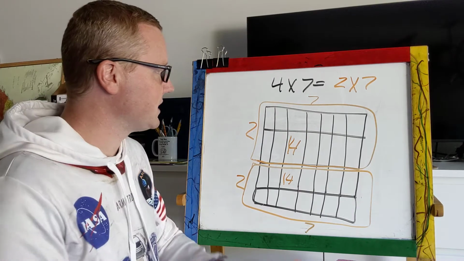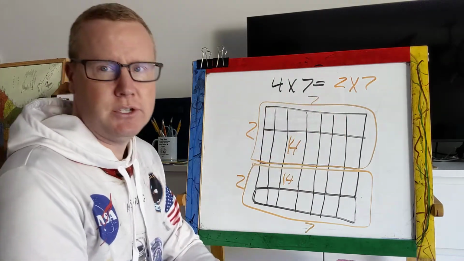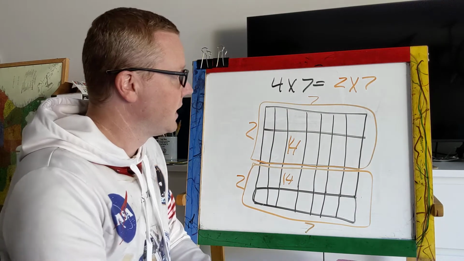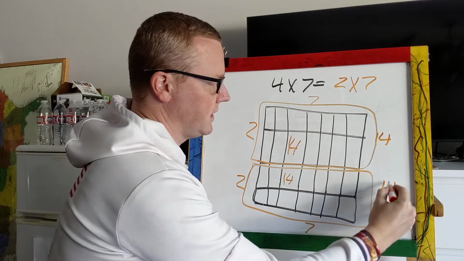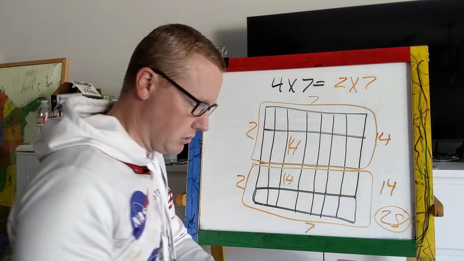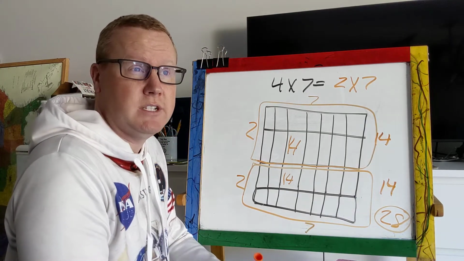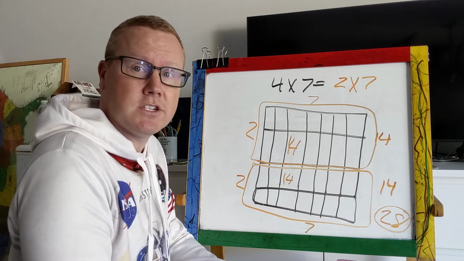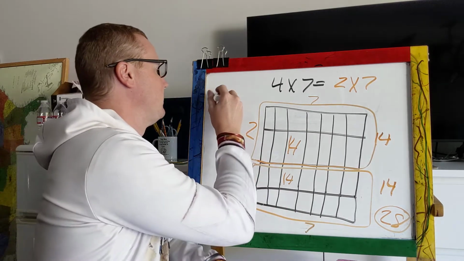So when I say double the double of 4 times 7, you can think of it as 2 times 7 plus 2 times 7. That's 14 plus 14, and you would get a total of 28. You can use that for any number. If you have 4 times 6, you can do 2 times 6 is 12, plus another 12 is 24. So we call that doubling the double.